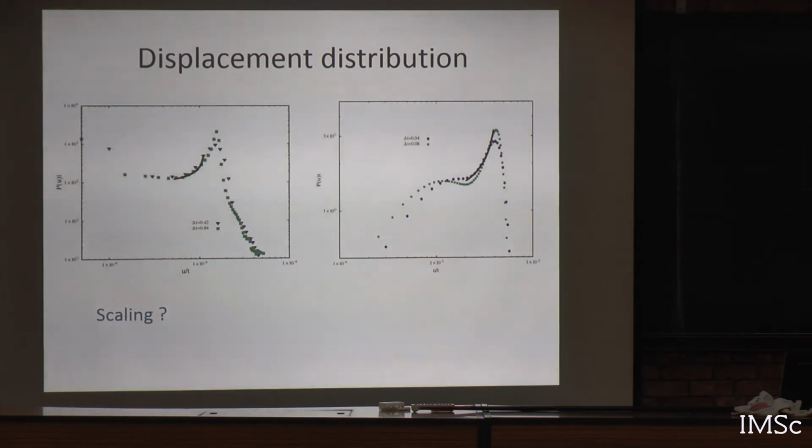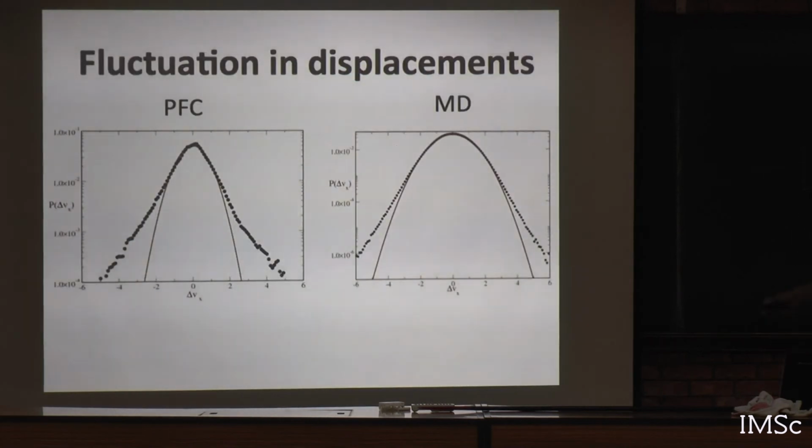By fluctuation I mean we subtracted the mean. So here what you are seeing is delta Vx, that means the forward velocity is by far much more dominant than any transverse speed. So for every particle we basically subtracted the mean.